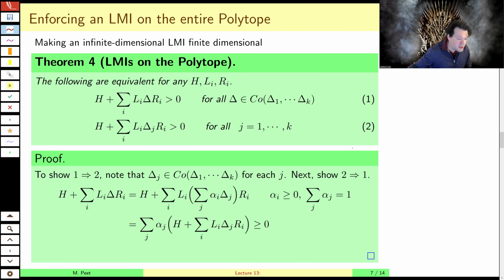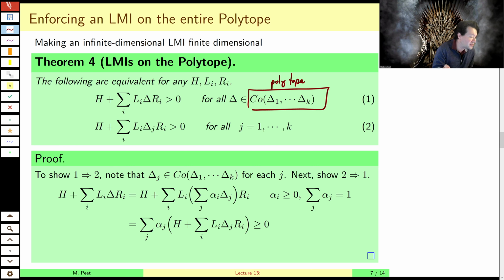The first result in this part B is really the only theoretical result, or the only fundamental result we have, which allows us to enforce this LMI, or any LMI, over a polytope. So specifically, here we have a polytope, and we have an LMI which we would like to enforce for all values on that polytope.